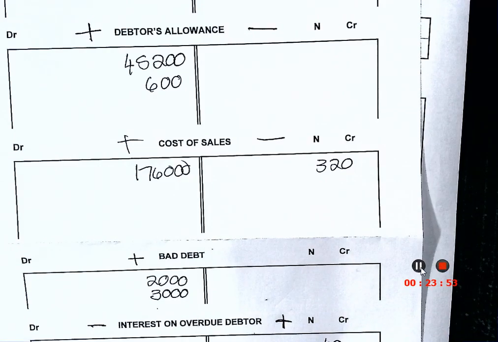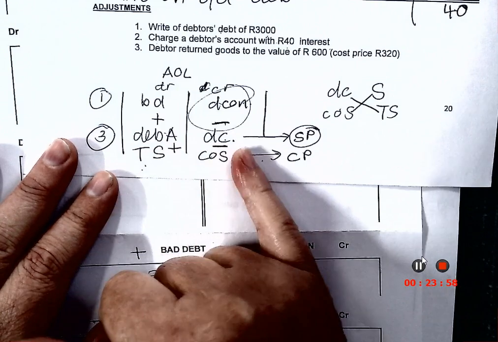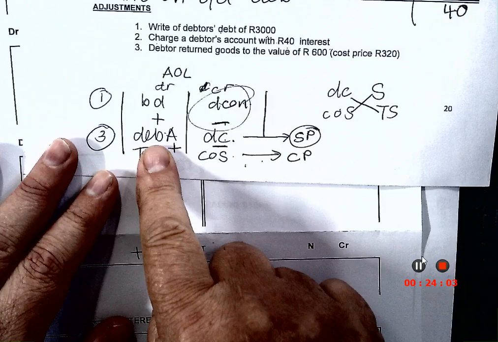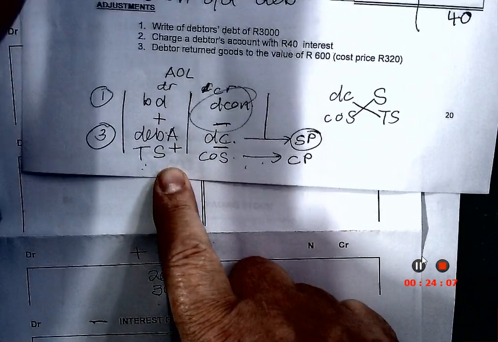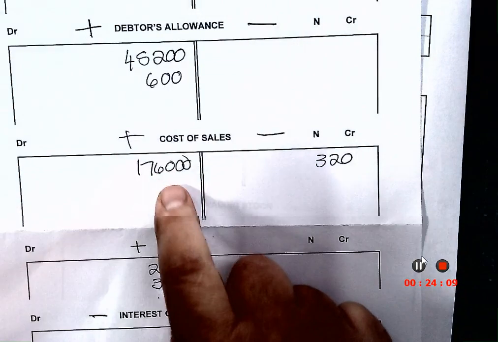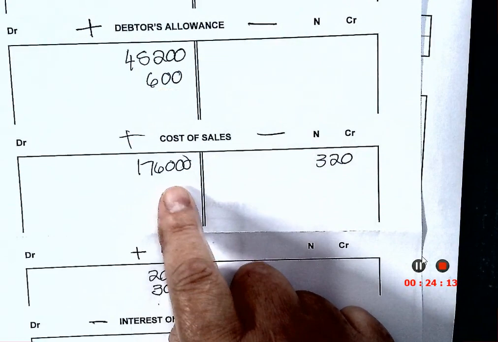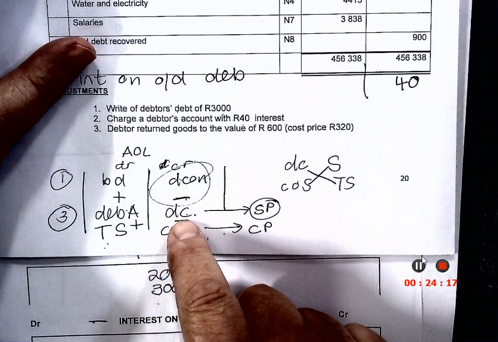Why don't you understand? So if you know your format of your AOL, you literally just write the format of the AOL. You see? Now I see debtor's allowance is on the debit side. So I take the sales price, I write it on the debit side of debtor's allowance. Now I see debtor's control is on the credit side.